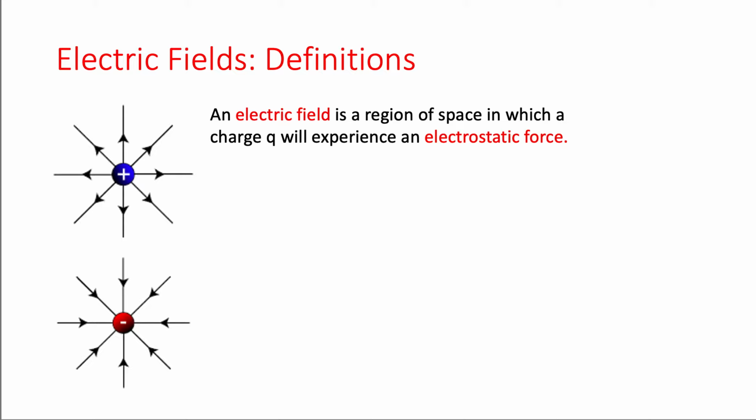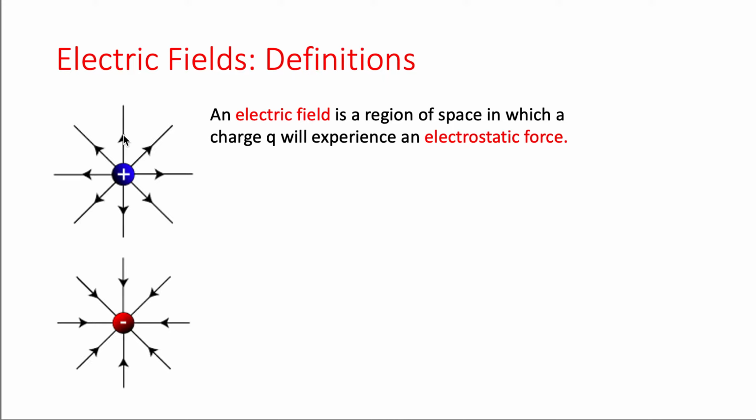Now, when we want to draw electric fields, we represent them using field lines. And those field lines are drawn in a very specific way. When we're drawing field lines, we imagine we're placing a small positive test charge near to our source charge. So for example, we might imagine we're placing a small positive test charge just above my blue positive charge here.